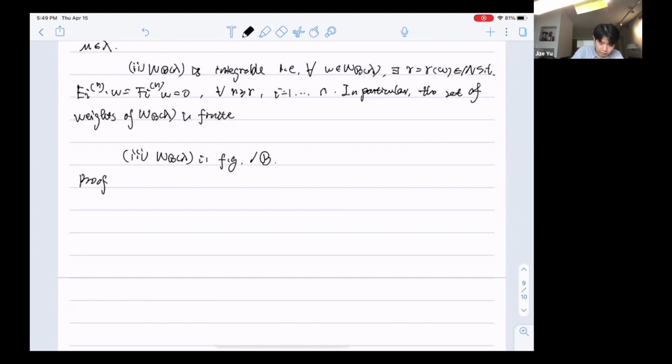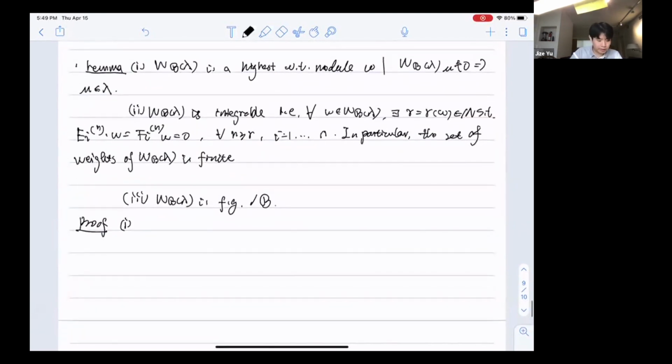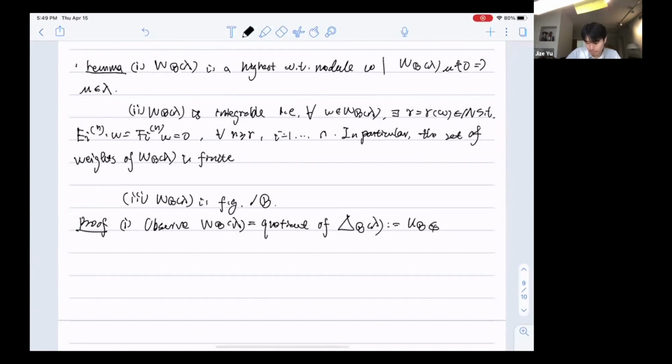So let me give a very rough idea of the proof. For the first part, we can just observe that this quantum Weyl module is a quotient of the Verma module, so this is U_B tensor with B_lambda, viewed as a U_B greater than or equal to 0 module.